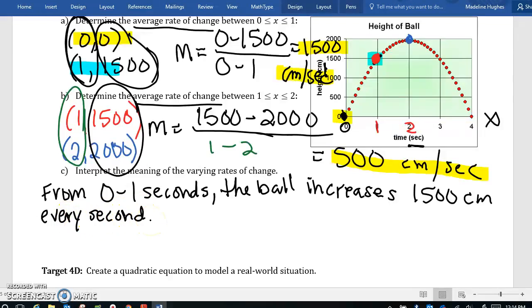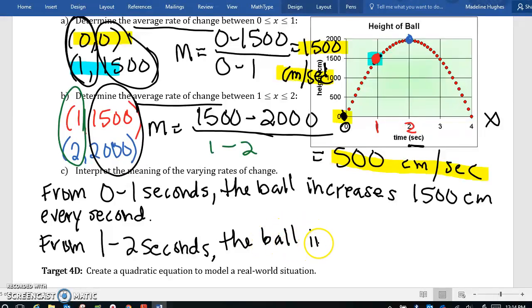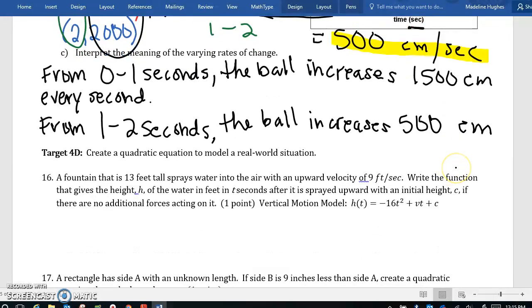Similarly, from the other points we looked at, from 1 to 2 seconds, the ball increases, we found, 500 centimeters every second. So our label was centimeters per second.